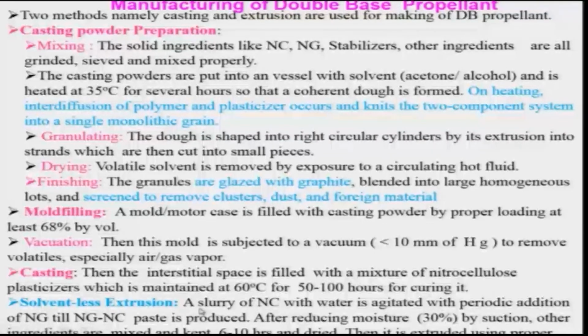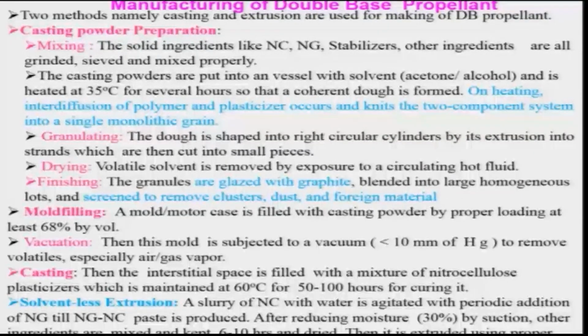In this case, a slurry of nitrocellulose with water is agitated with periodic addition of nitroglycerin till a nitroglycerin and nitrocellulose paste is formed. After that, the moisture in this paste is reduced by at least 30% using suction.